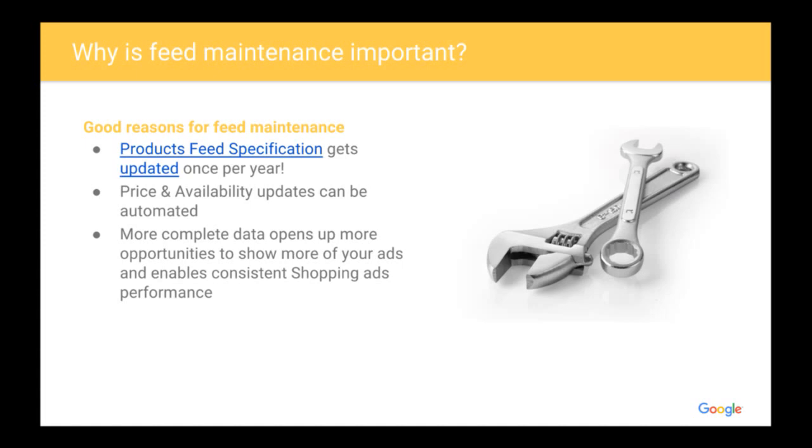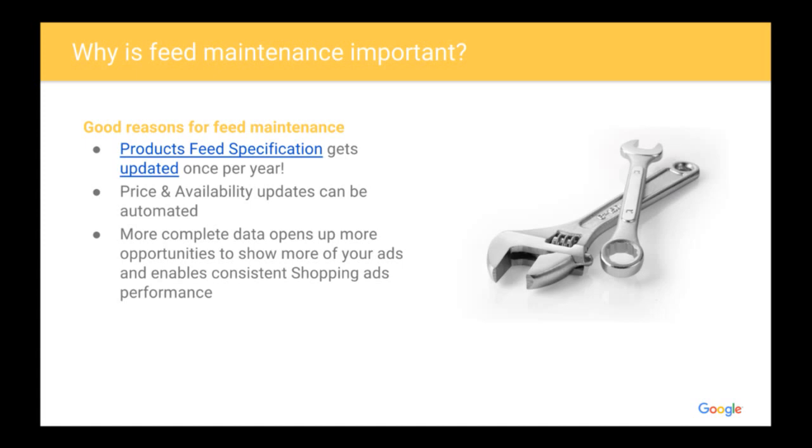To make sure that we show shoppers the best ads with the most relevant content, we may ask you to include more information about your products or different information about your products. These updates can be found yearly in the Help Center on the Inside AdWords blog. And following these updates is a good way to make sure that your feeds are in tip-top shape.